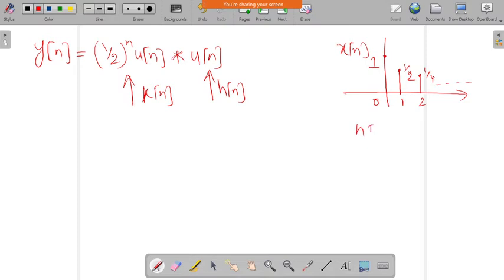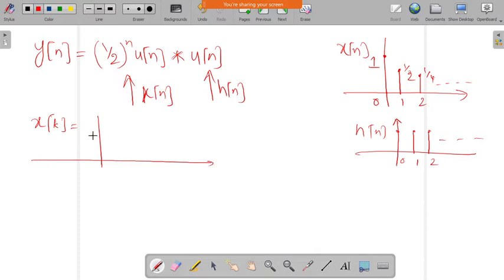Similarly h of n is like the samples of u of n, up to infinity. So this is your h of n. Now our x of k will be 1, half, 1 by 4, and it will go on.